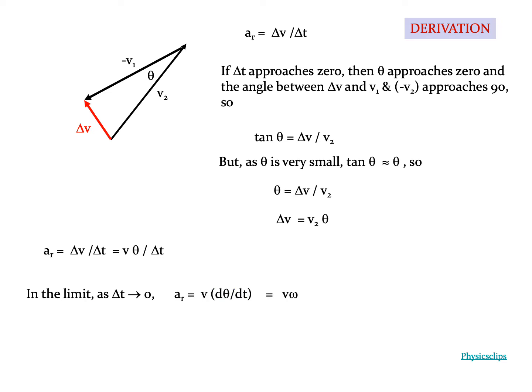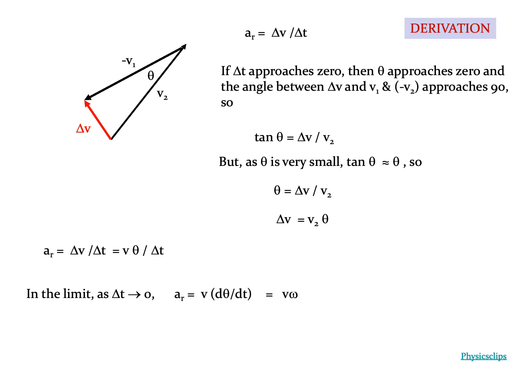Okay, we're halfway there. Remember that the basic definition of radial acceleration, along with any other acceleration, is delta v over delta t. That's where we started. So we can now replace our delta v with this new expression v theta. I'm going to drop the subscript and just call it v theta, because the size of the two v's, v1 and v2, is exactly the same.